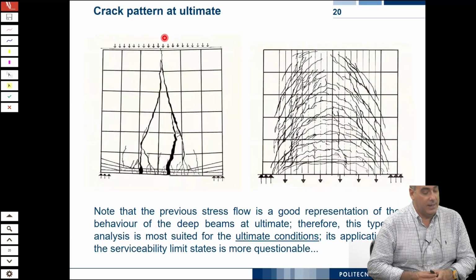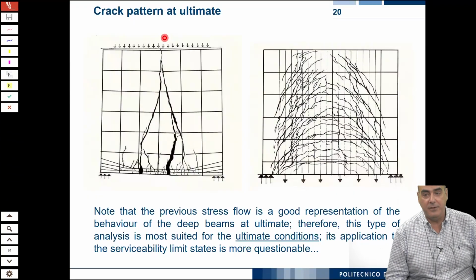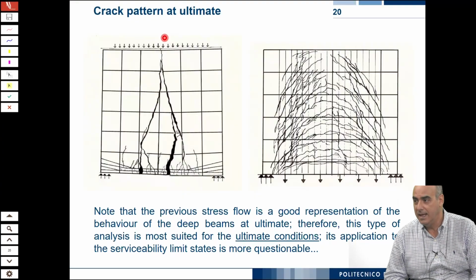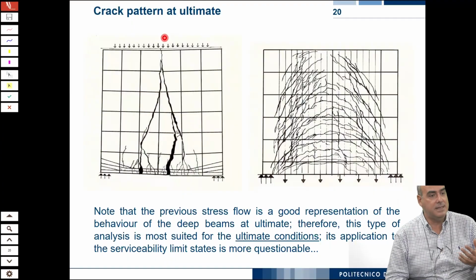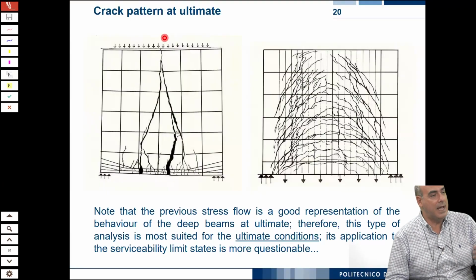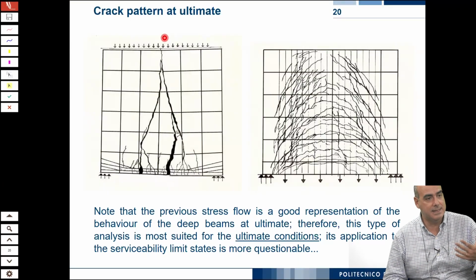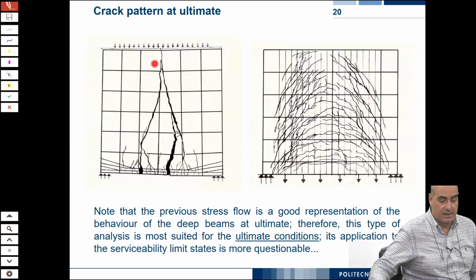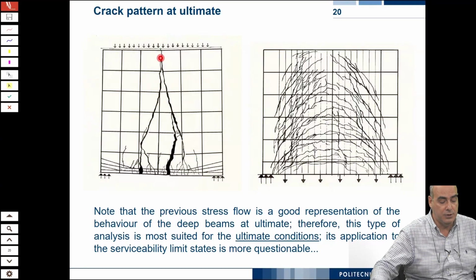And actually, these pictures are taken from a historical textbook by Fritz Leonhard. He did really a lot of work on this. And you can realize, if you test a beam like this and look at the crack patterns and at the failure patterns, how the strut and tie mechanism is functioning. You see that in this beam here, we have basically two solid parts.